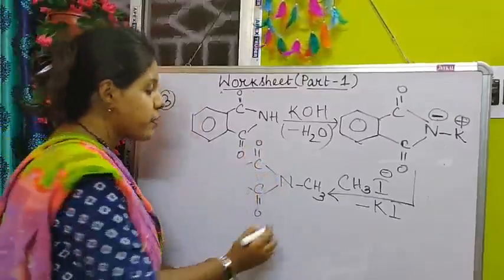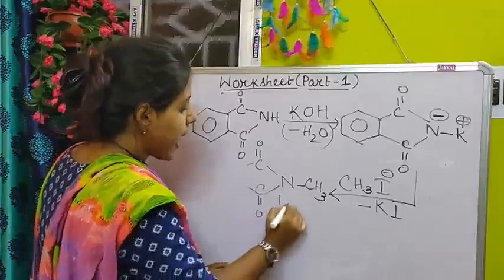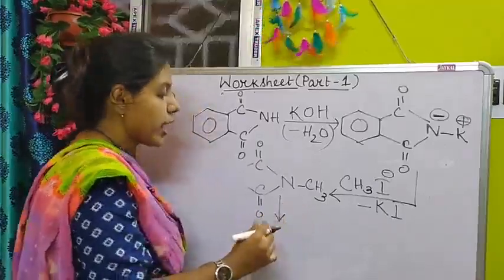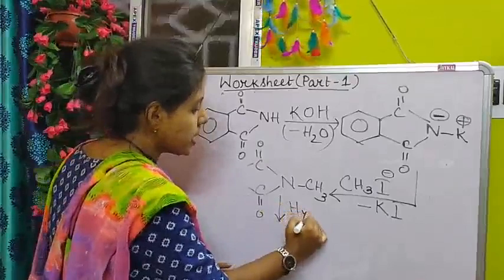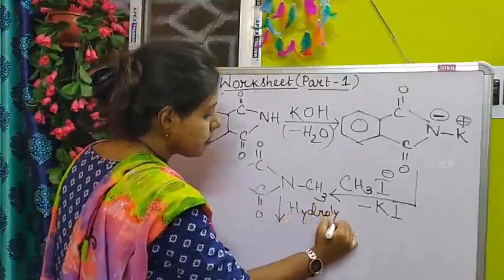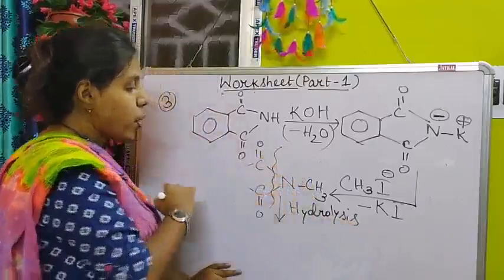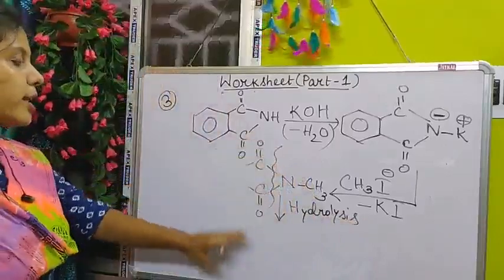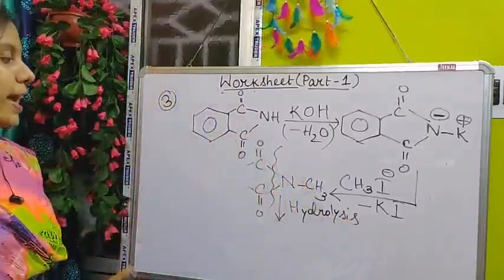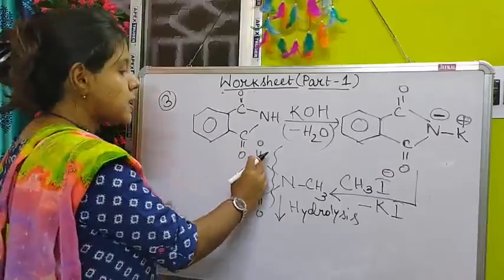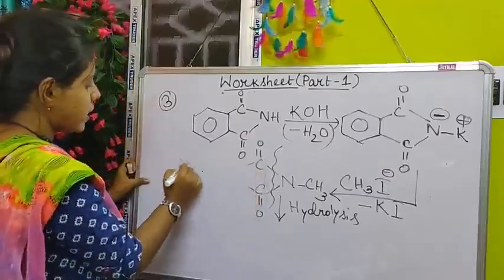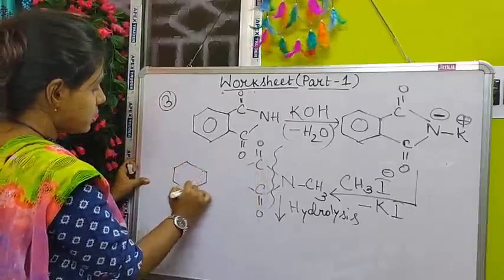Now in the last step you have to add an alkaline solution here. Okay, hydrolysis should be done in the last step. So after hydrolysis this bond will be broken. Okay, this bond will be broken, and from this part we will be getting an acid, where these two CO groups will be converted into this compound.